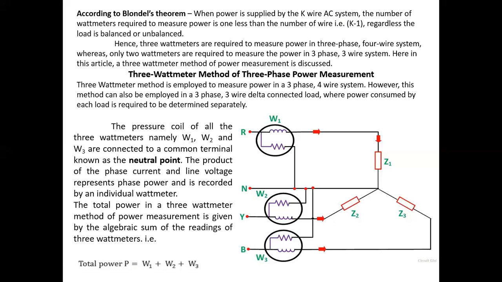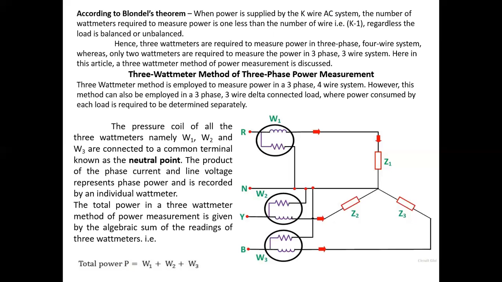All the pressure coils of the wattmeters W1, W2, and W3 are connected to the neutral. For measurement of power, how many wattmeters are required? This will be found out by using Blondel's theorem.